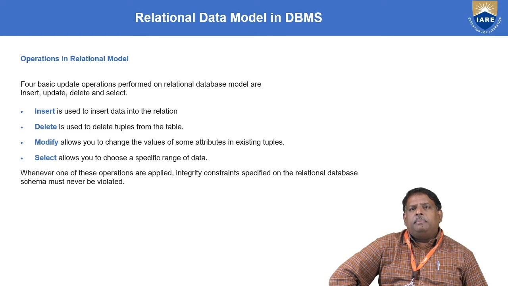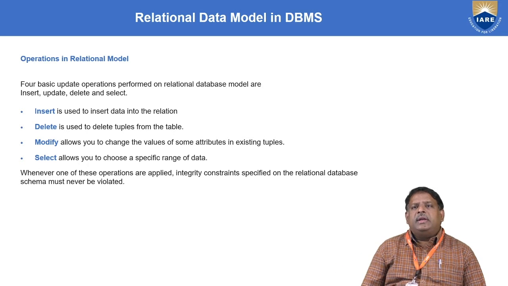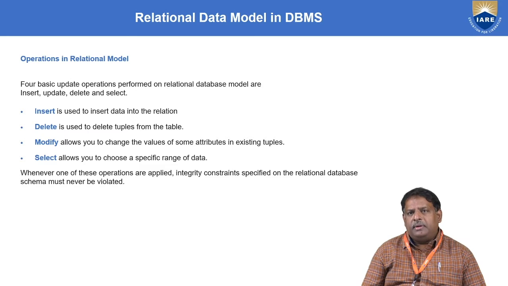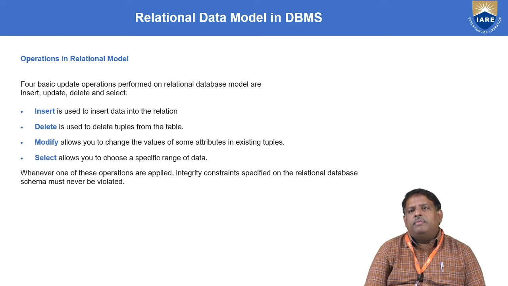4 basic update operations performed on a relational database model are insert, update, delete, and select. Insert is used to insert data into the relation. Delete is used to delete tuples from the data. A tuple is nothing but a single row of record. Modify allows you to change some of the existing tuples.